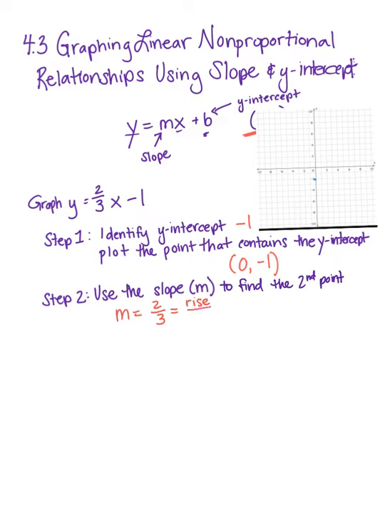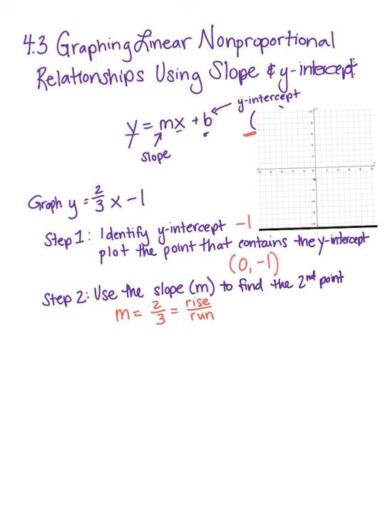Remember that? So what we're going to do is start from the point that we just made. We're not starting from the origin. That's the biggest difference between a proportional and a non-proportional relationship, it doesn't go through the origin.